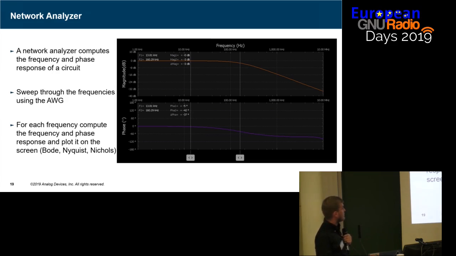This has countless applications. Also, we have both the Nyquist and the Nichols plot. We actually have a new update on the network analyzer, and it has a few more features I can show off later if you want.